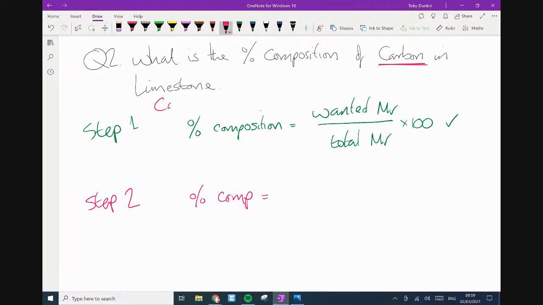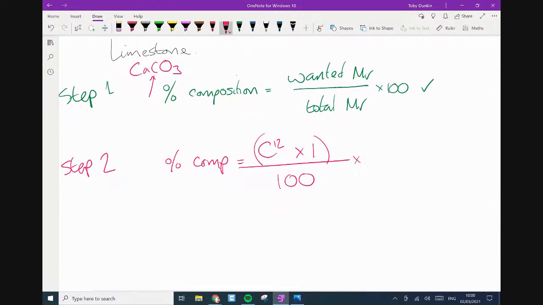Now limestone is CaCO3, and there is 1 carbon in it. So this is now carbon 12 times 1 over the total of 100, which is the MR of limestone, times 100. So I get a lovely answer of 12%.